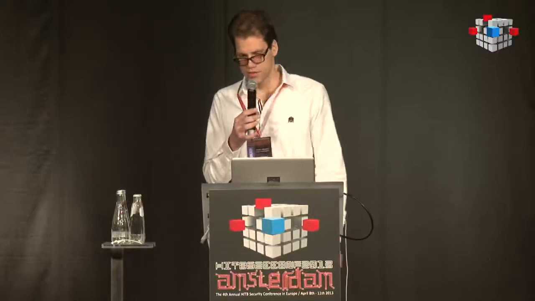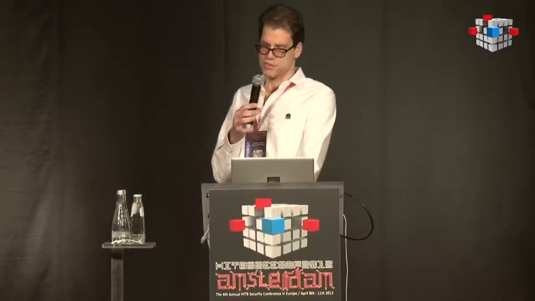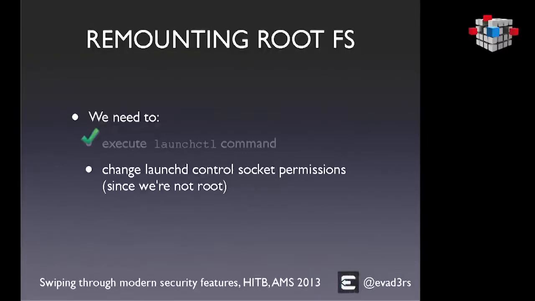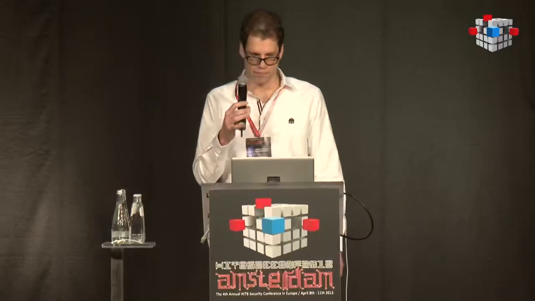Well, not quite, because we still have to make sure that we actually are allowed to run this command, because we're still not root. So what's remaining now is that we have to change the socket permissions for the launchd control socket. First question is, why don't we use the mobile backup directory traversal?